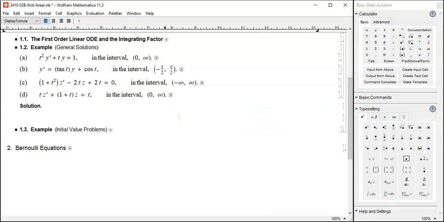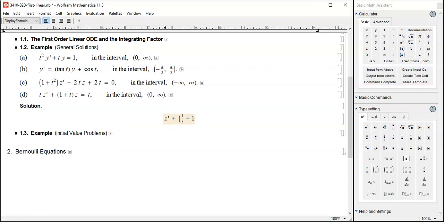First, make it into a standard form. So divide by t, so z prime plus, dividing by t, what am I going to get? 1 over t plus 1, z is equal to 1. Is that what I'm getting? Okay, so what is p?